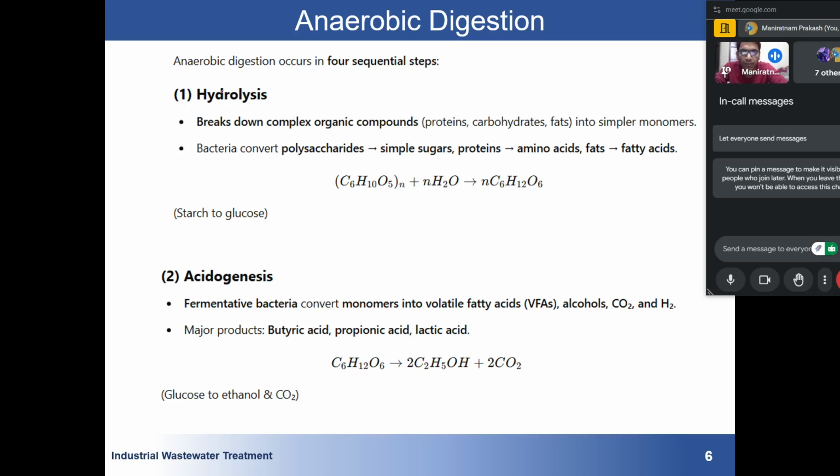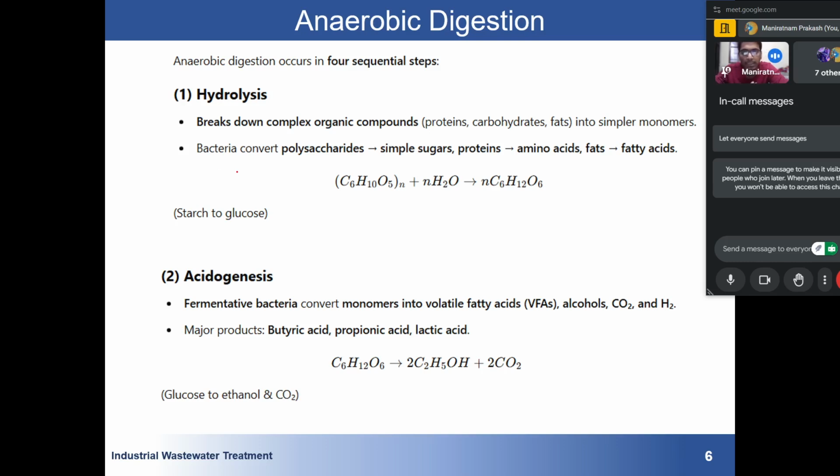Generally there are four processes. First is hydrolysis. We know that the organic matter present in solids is in a very complex form. So first, in the presence of water, it will be broken down into a simpler form. Then the second process is acidogenesis. To break down this organic matter, a special anaerobic bacteria is required.